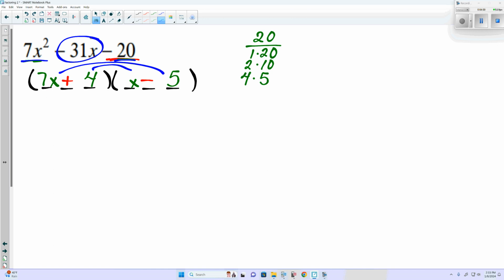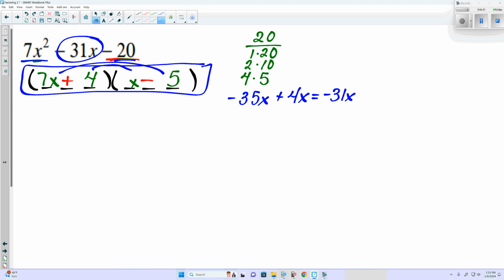Now, our 7x times negative 5 is negative 35x. Our positive 4 times x would be plus 4x. And negative 35x plus 4x is negative 31x. Is that the middle term we wanted? So our factors for this here are 7x plus 4 times x minus 5.